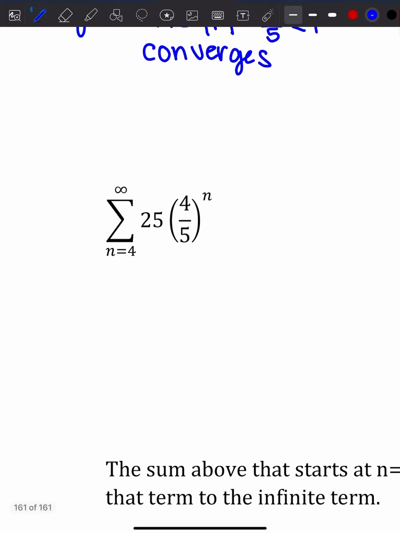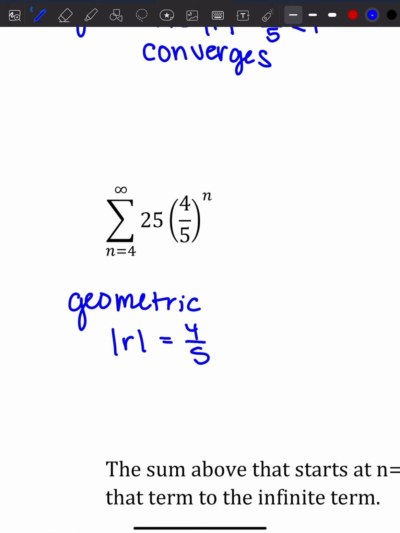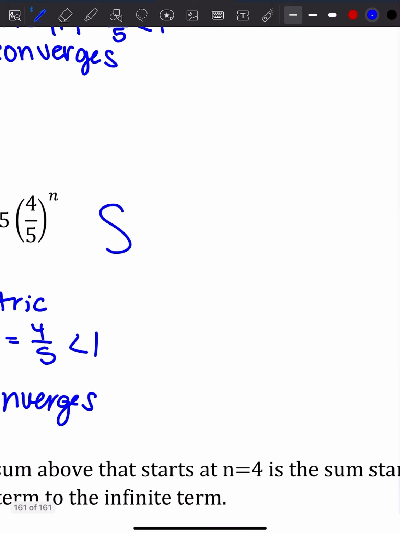And then the same thing here. We already know this is going to converge because it's the exact same function. We're just starting at 4 this time. So this is geometric. The absolute value of r is equal to 4 fifths, less than 1, so it converges. So now we're going to find it. We still have 1 minus 4 fifths in the denominator.